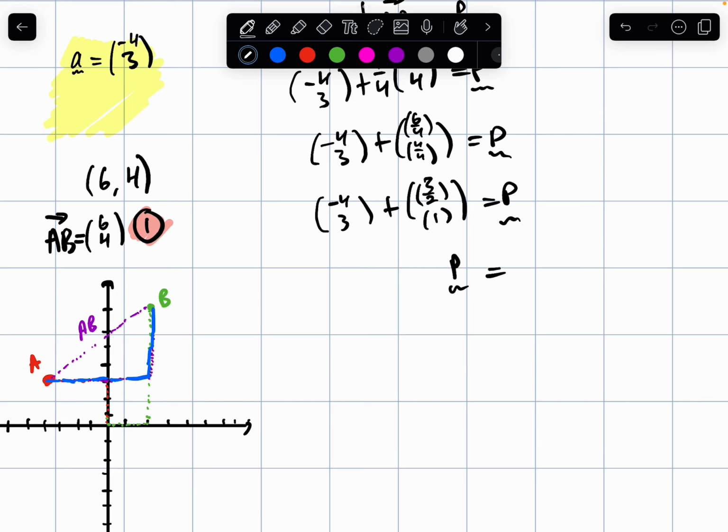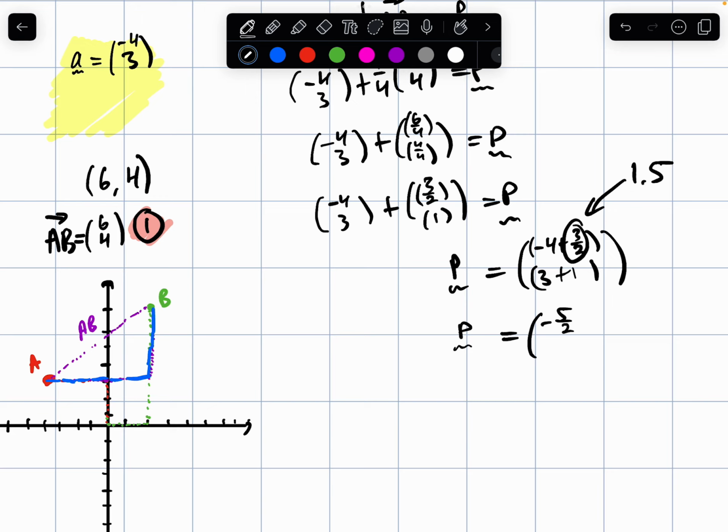P equals -4 plus 3 on 2, and 3 plus 1 equals 4. Oh, sorry, -5 on 2, because this 3 on 2 here is 1.5.